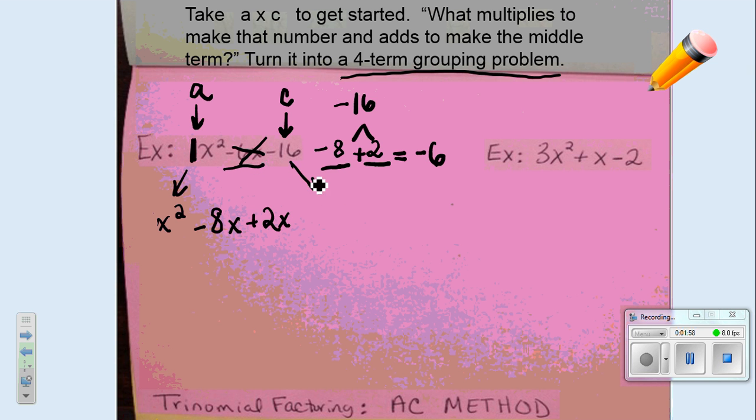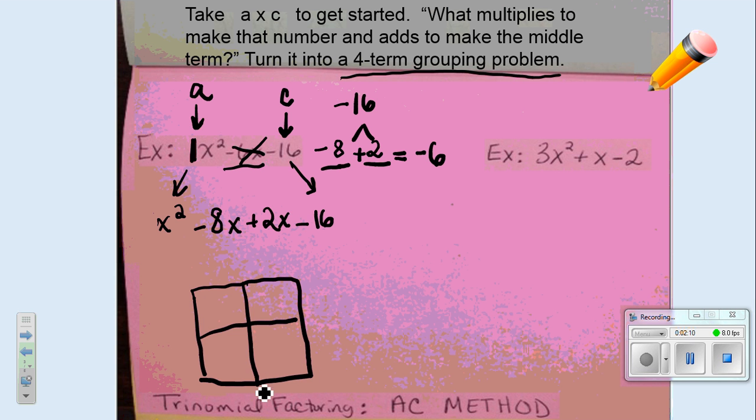And then we bring the last term down, which is negative 16. Now looky there, we've got 4 terms. Oh, that reminds me of the grouping problem. So we make 4 squares and we put them in our 4 squares. X squared, upper left, negative 8x, upper right, plus 2x, lower left, negative 16, lower right.